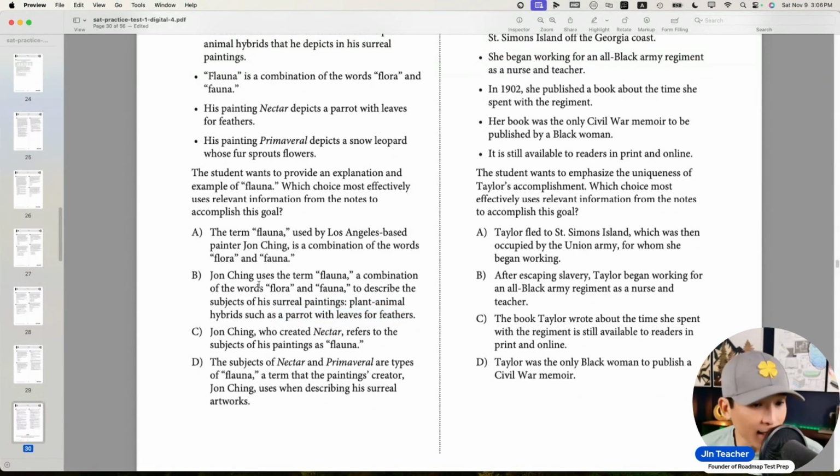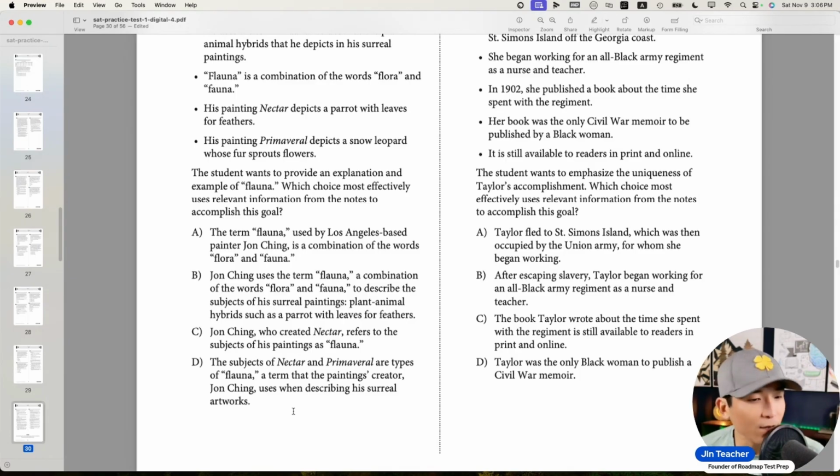Just in case, let's look at these other answer choices. C says, John Ching, who created Nectar, refers to the subjects of his paintings as fauna. So C is the worst so far. C doesn't give us any sort of explanation of fauna, right? No definition of it. So let's cross it out. And then D says the subjects of Nectar and Primavera are types of fauna, a term that the paintings' creator, John Ching, uses when describing his surreal artworks.